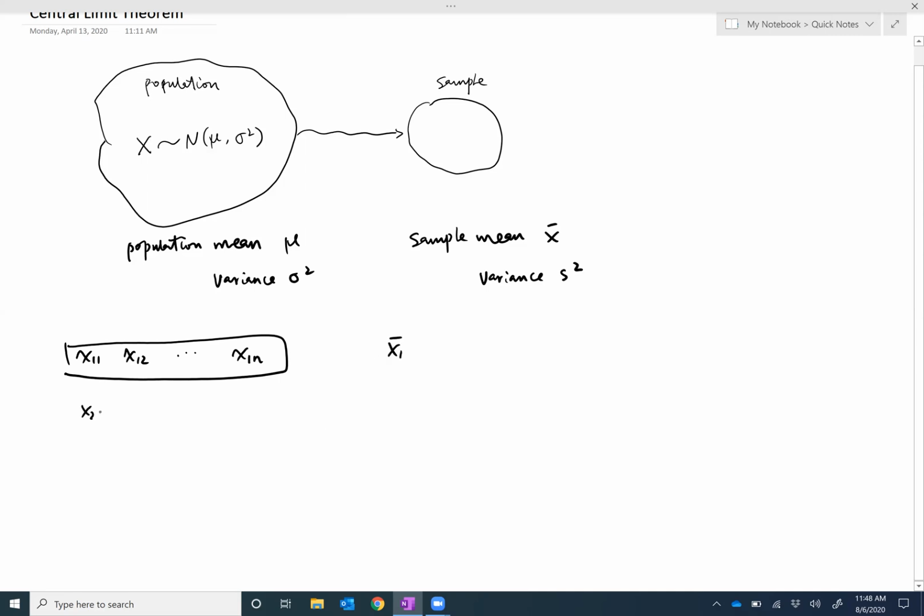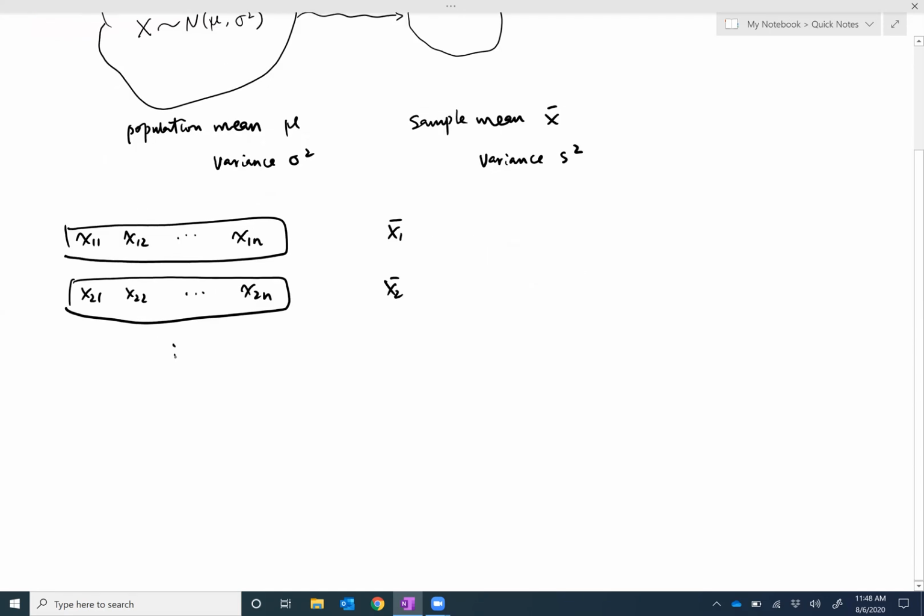Then let's get the second sample, and this is x2 bar, and you can get more, xm1, xm2, xmn. Here we get a total of m samples. For each sample, we are going to have the sample mean.